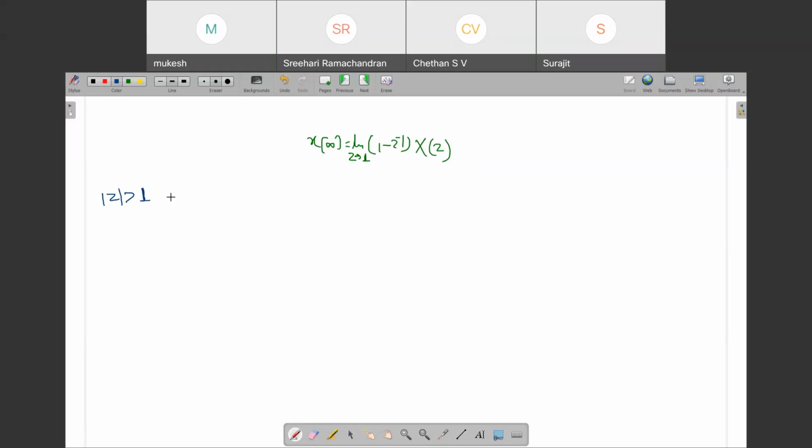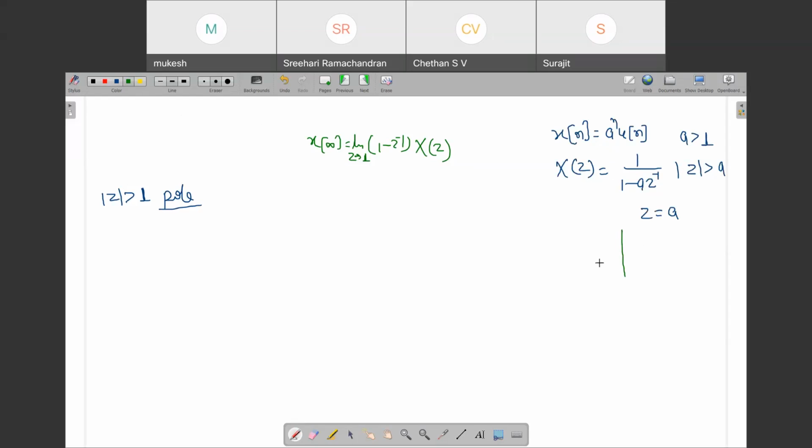If the pole is outside the z equal to 1 circle, we will see what happens here. We took the example of x of n equal to a to the power n u of n, where a was greater than 1. When a is greater than 1, the z transform of this signal will be 1 upon 1 minus a z inverse with ROC equal to mod of z greater than a. Also the pole, when you calculate, will be at z equal to a.